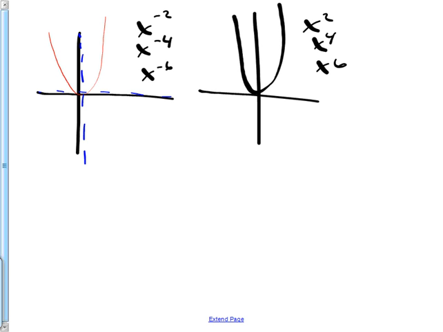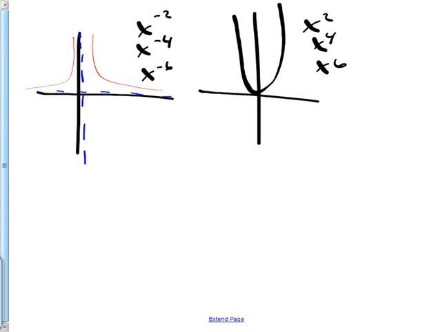They suck the lines closer and closer to them. So then this red line isn't right anymore, but the line that was in the upper right-hand corner, up in here, has to now go closer and closer to these asymptote lines. And the line that was in this area has to get closer and closer to the asymptote lines. Or you could just memorize that x to the -2 is like a volcano. However you want to memorize it, it's fine with me. But you need to know that one.